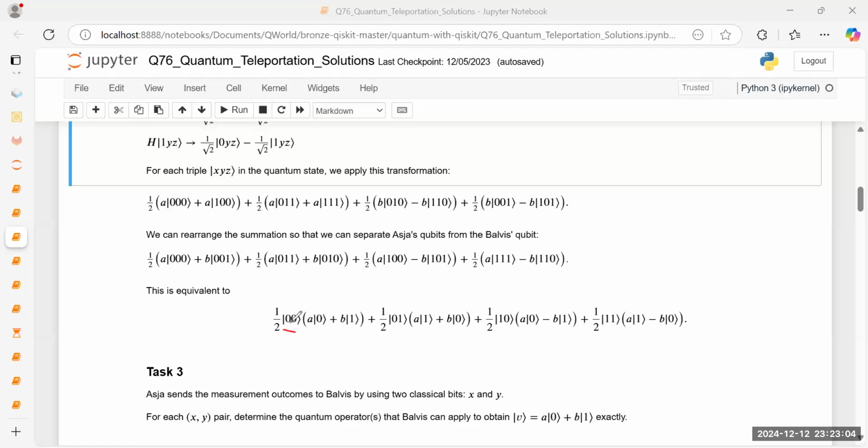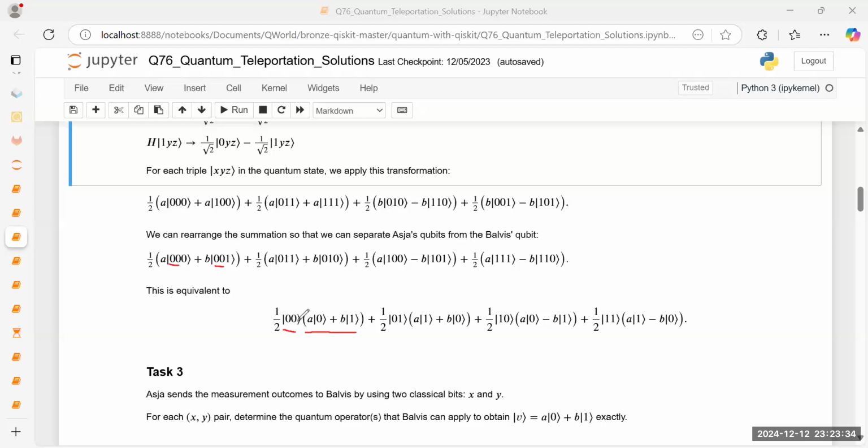So here, when we factored 0, 0, and 0, 0 here, these are the qubits with Asja. So the first 2 qubits are the qubits with Asja. So when we factor 0, 0, this is what we had left for Balvis. So this is now the state with Balvis.